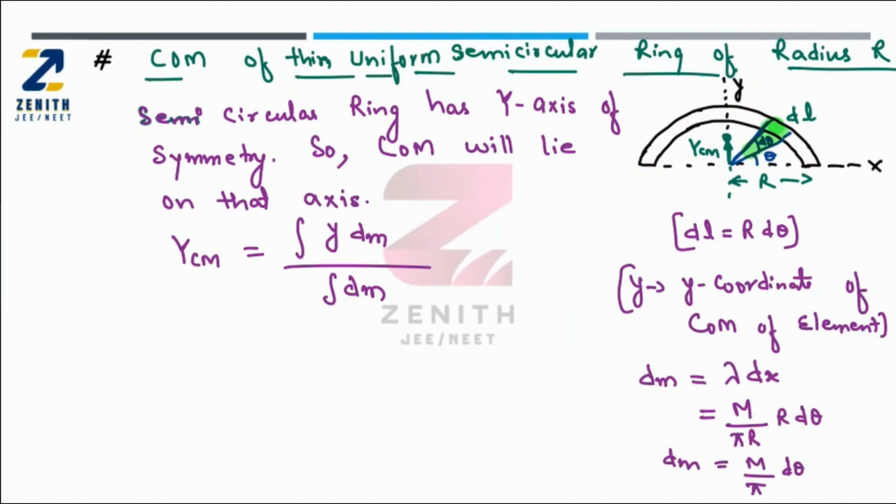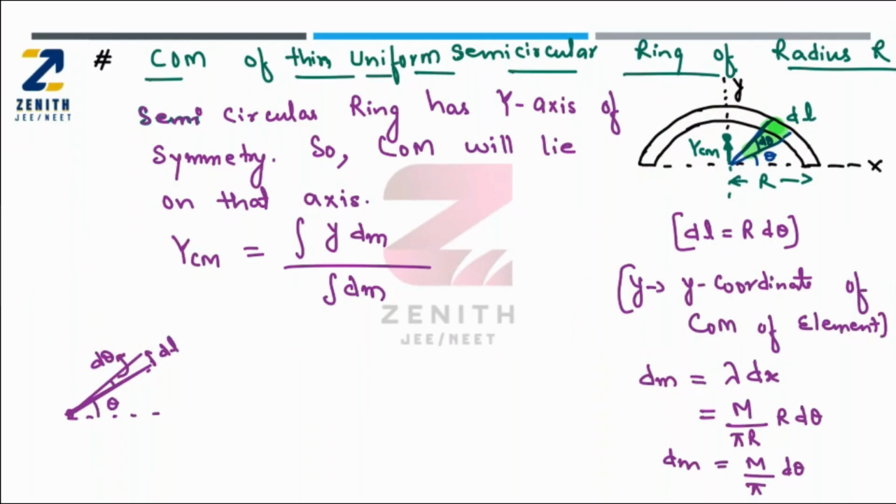So let me take the same element, which is very small. It is making an angle of d theta at the center, and this is the theta.